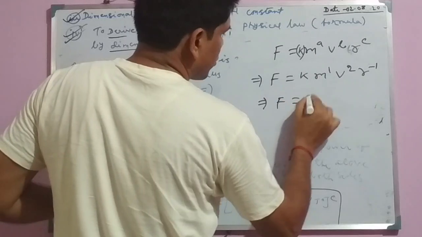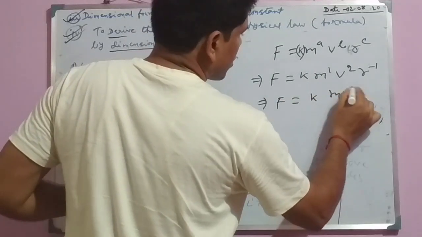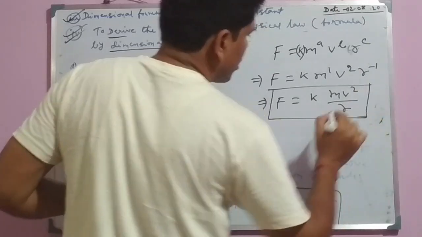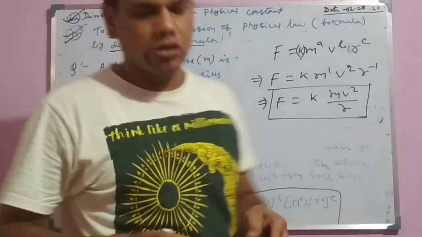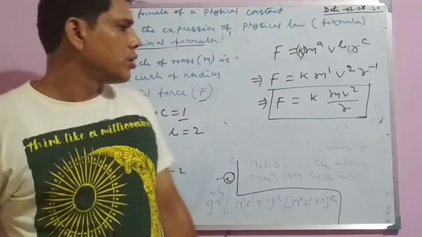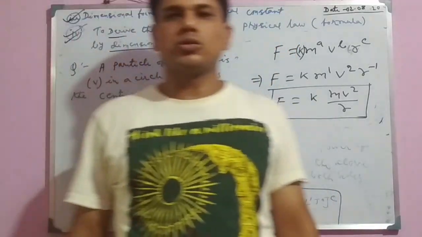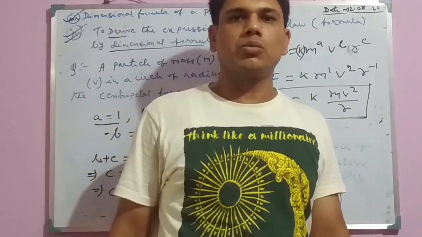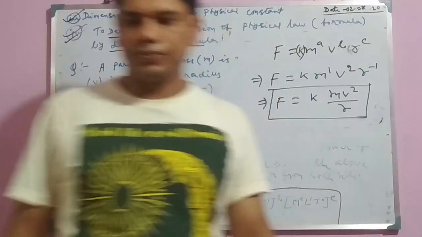So F equals k m v squared by r. This is the required expression of the centripetal force. So by using dimensional analysis, we can also find the formula. Just go through this, and I will give some problems for you to solve.